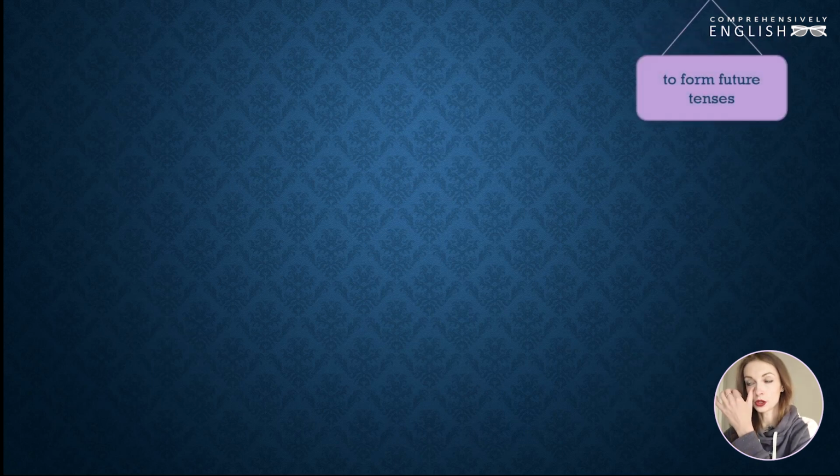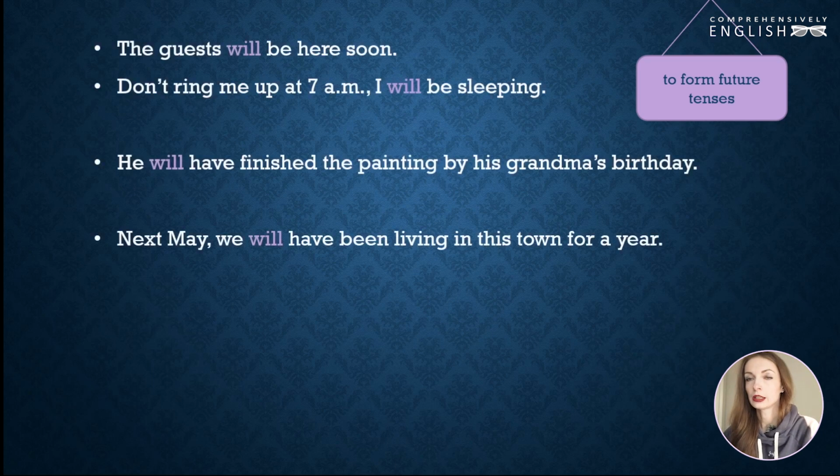So we know that we use will to form all the four future tenses of the English language. Let's see. The guests will be here soon. This is the future simple tense. We don't know when exactly, but soon, sometime in the future. Don't ring me up at 7 a.m. I will be sleeping.